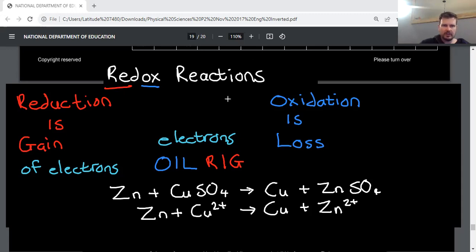The Zn goes to Zn2 plus plus 2 electrons, because it must have lost electrons to get to positive.